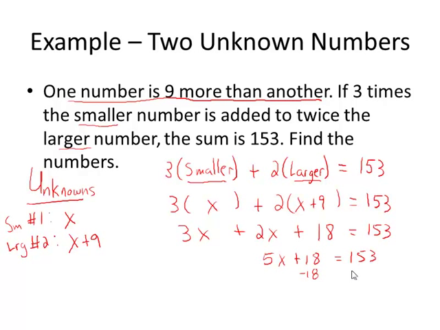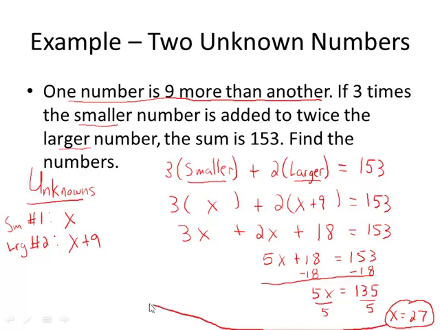Subtract 18 on both sides. 5x equals 153 minus 18 is 135. Divide both sides by 5, and I have x equals 27. Okay. If I said find the numbers and you came back to me and said x equals 27, you haven't answered my question.